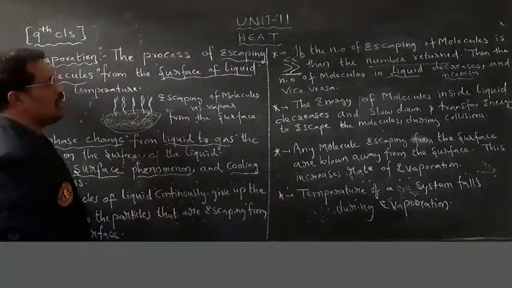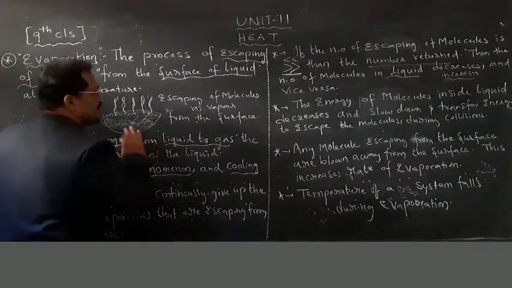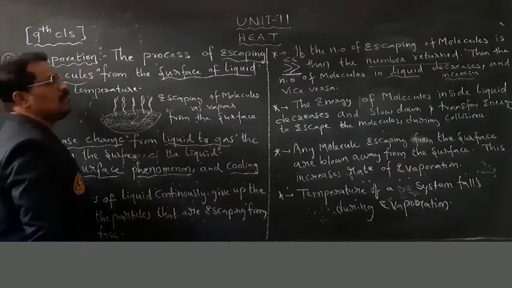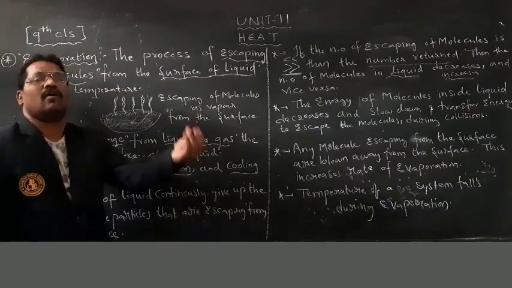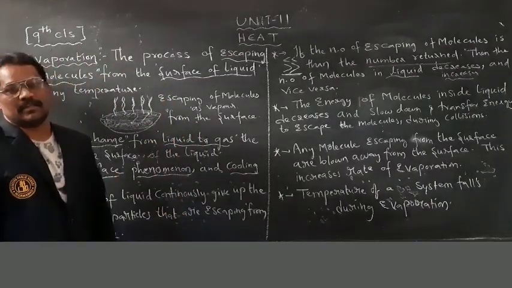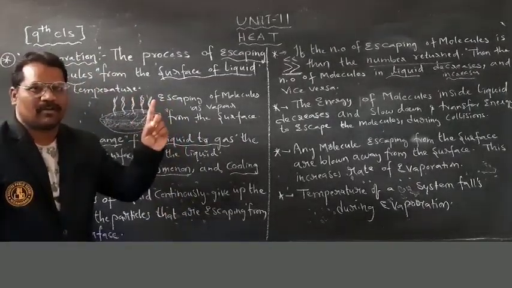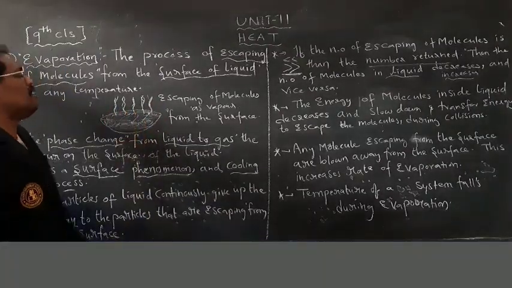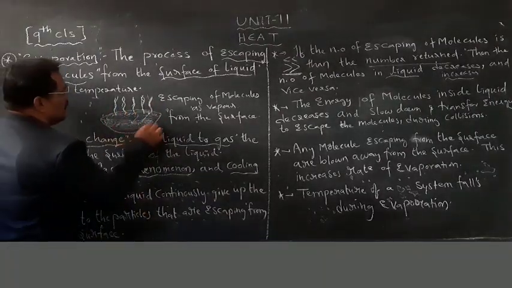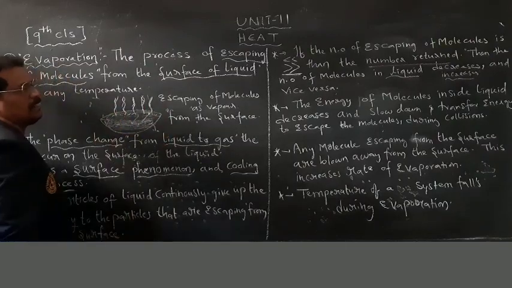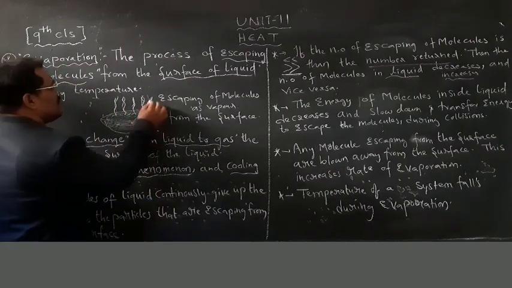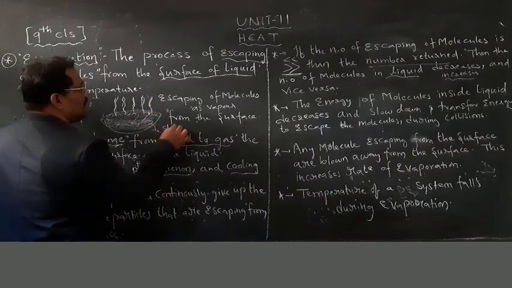Not only that, the transfer of energy to escaping molecules during collision also gradually decreases. The point we have to keep in our mind is that if the energy of the molecules inside the liquid gradually decreases, the process of evaporation slows down.